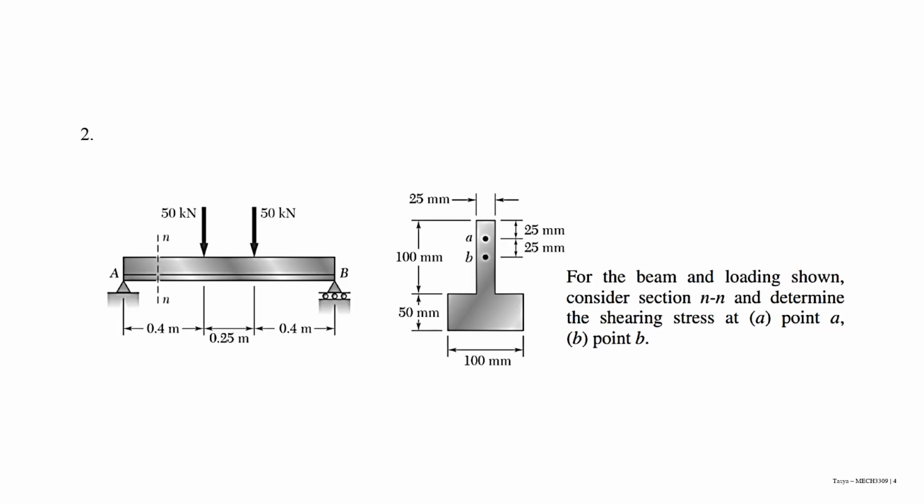Now for the second question, there is a beam and loading shown here, 50 Newton each going down, and the dimension or the shape of the beam will be like this, and this will affect the result of the analysis later on.